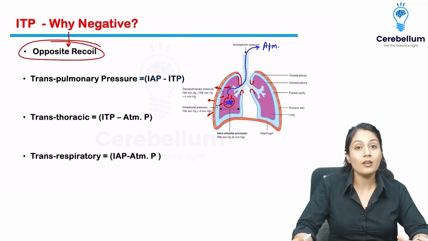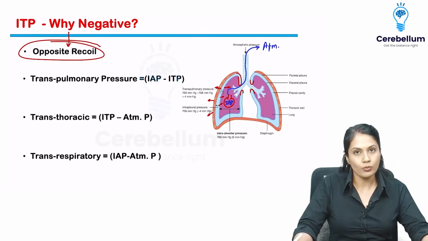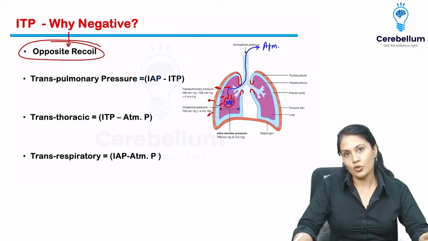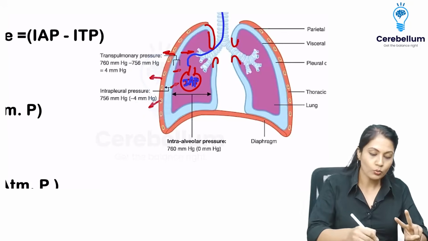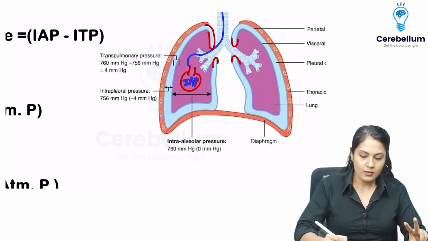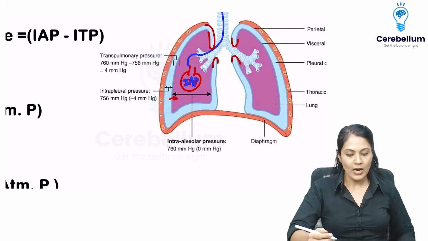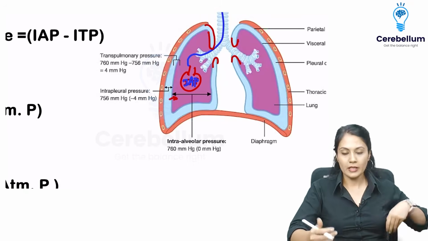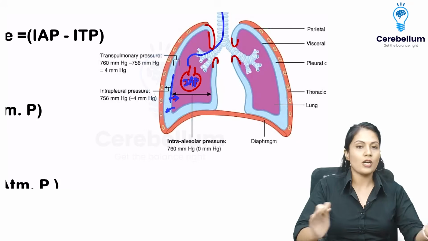Now, how to calculate trans pressure? We talked about intra-alveolar pressure and intrathoracic pressure. Let's talk about the transpulmonary pressure and transthoracic pressure. You have to do two things. First, check what is the innermost layer and what is just outside it.